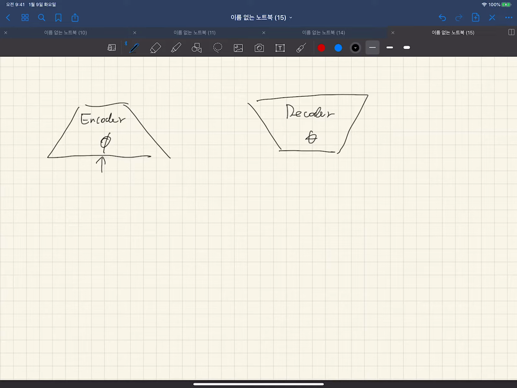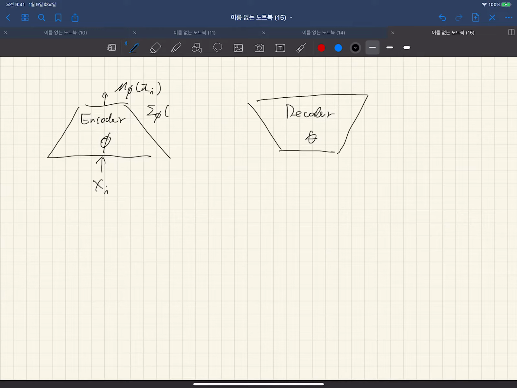Here, input xi comes to the encoder, and the encoder in this case generates the mean value, which is a function of phi with input xi, and the covariance matrix information sigma phi.